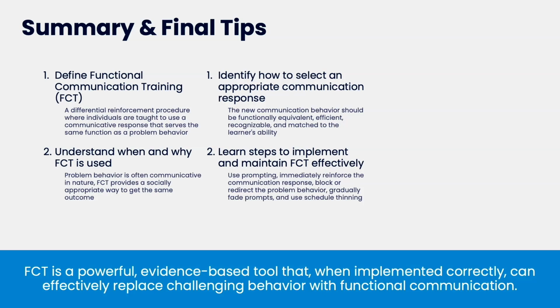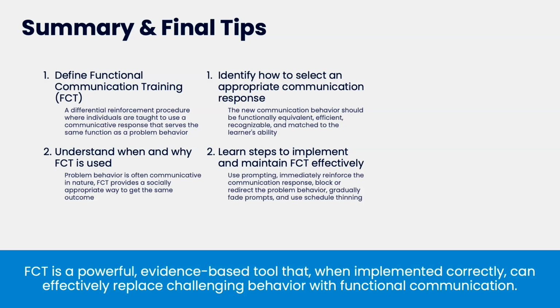FCT is basically DRA, but it has to be a communication response, not just any behavior. And again, FCT is always DRA, always, but DRAs are not always FCT. So it's kind of like under the umbrella of DRA, but there are other things that are DRA that aren't communication.